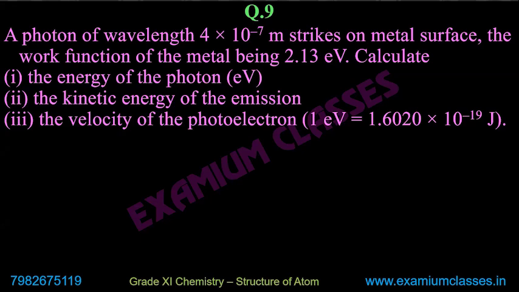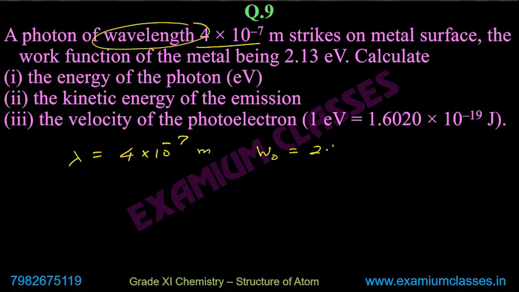A photon of wavelength, just let me see the time whether we have that much time or not. Just the last question. A photon of wavelength is given, lambda 4 into 10 to the power minus 7 meter. It strikes a metal surface. The work function of the metal, W naught, is 2.13 electron volt. Calculate the energy of the photon. Sir, for work function, if we have to convert it, then we divide it by 1.6?